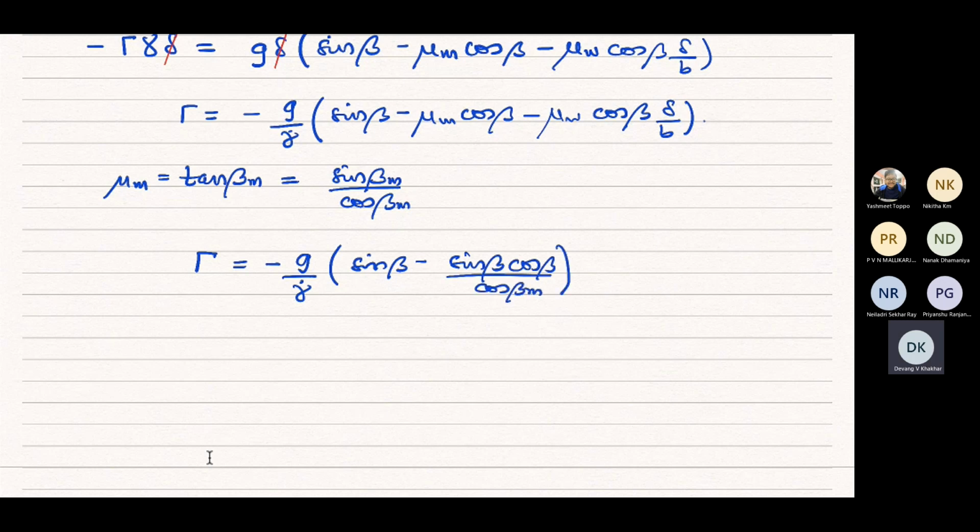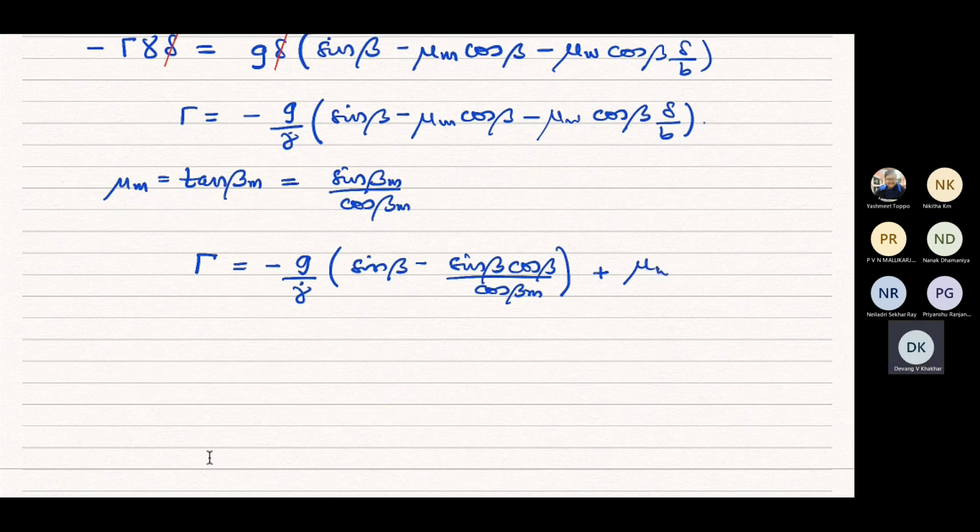I'm going to keep this as 1, and then I'll have plus mu w G by gamma dot cos of beta into delta by b. So I'm keeping that one separate.